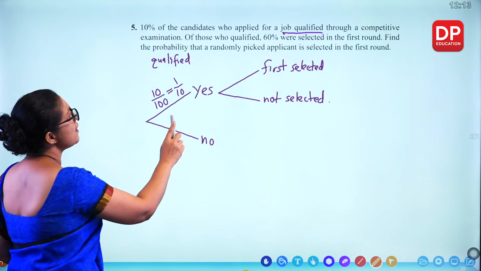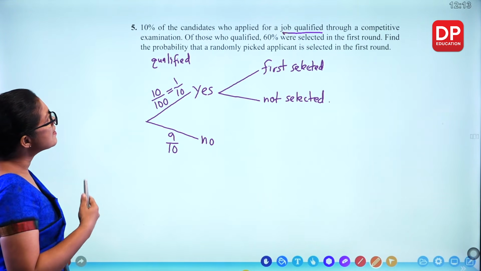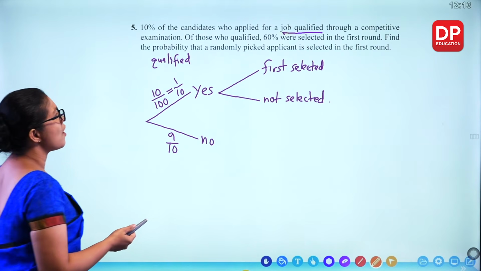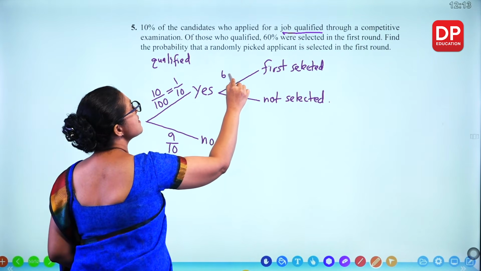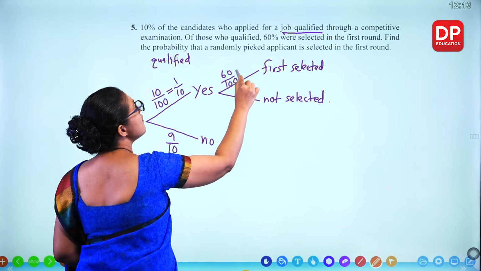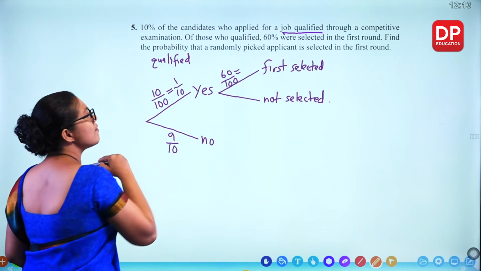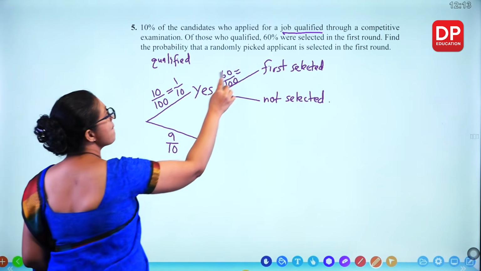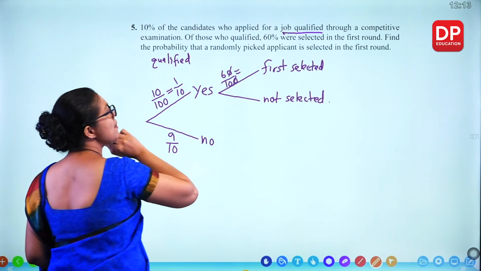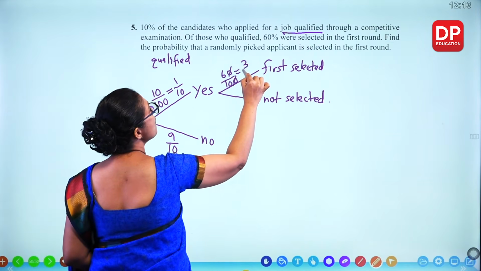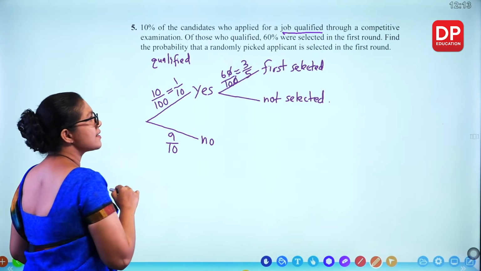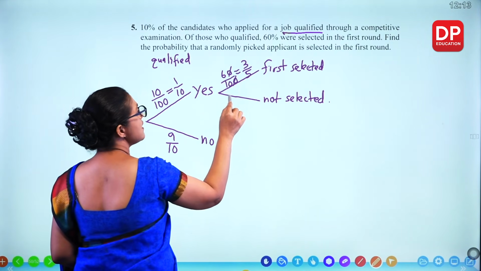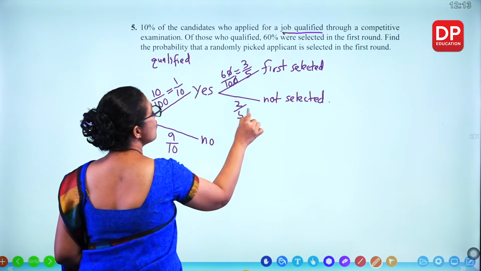Out of qualified ones, 60% were selected in the first round. 60 over 100. When you simplify, 0, 0 get cancelled out. Divided by 2, you get 3/5. Selected for the first round. So not selected means 2/5.